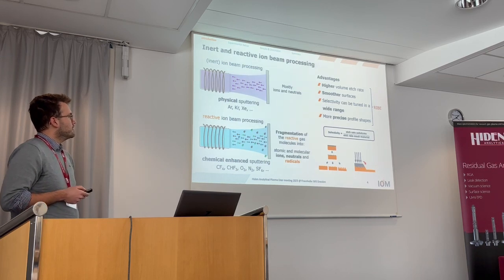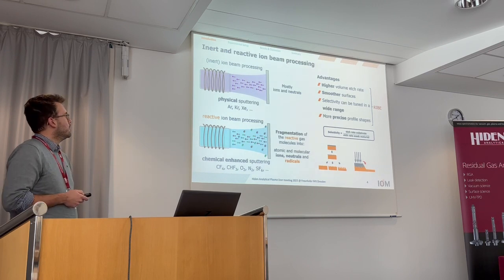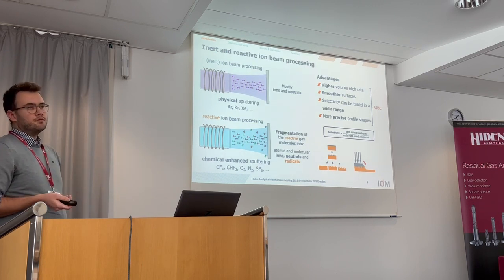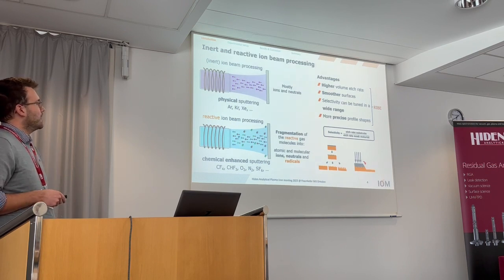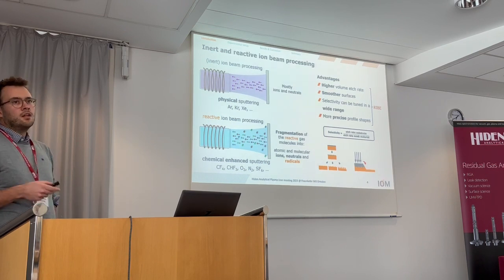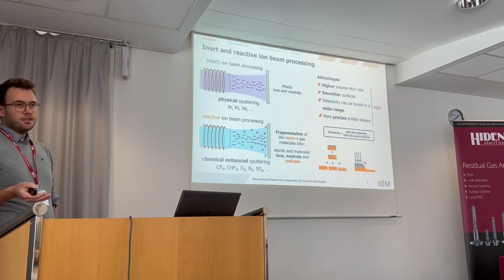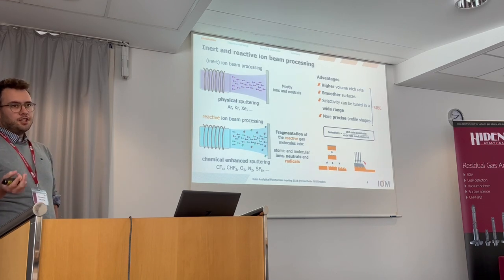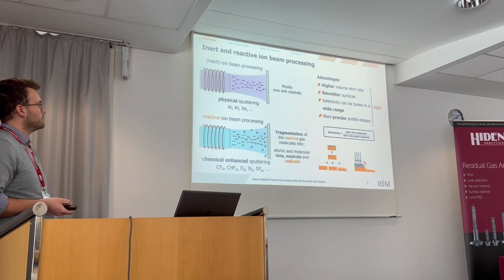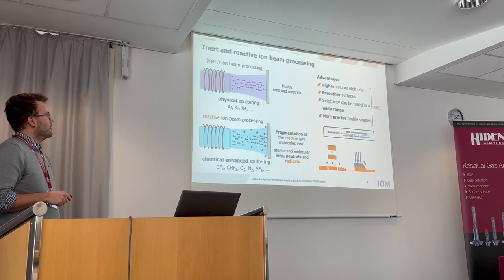And beside ions and neutrals that are accelerated towards the sample, we have a lot of fragmentation processes happening inside your plasma chemistry. Beside ions and neutrals, you also have radicals, which can have a very high etching potential or even a deposition potential onto your sample. And you really want to know what kind of species has what impact on my substrate. So that is why we are interested in the characterization of our ion beam.